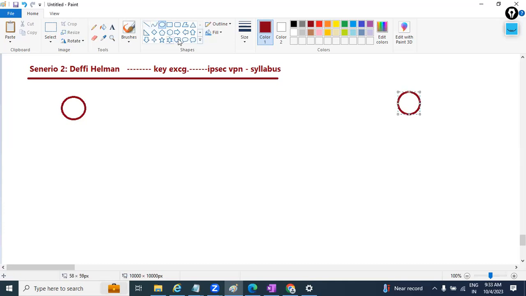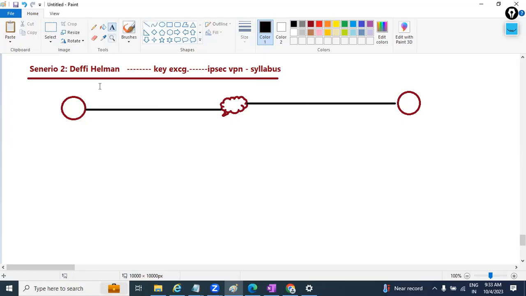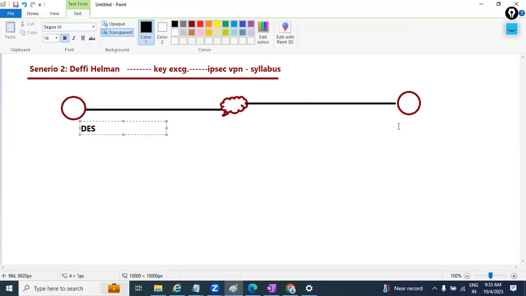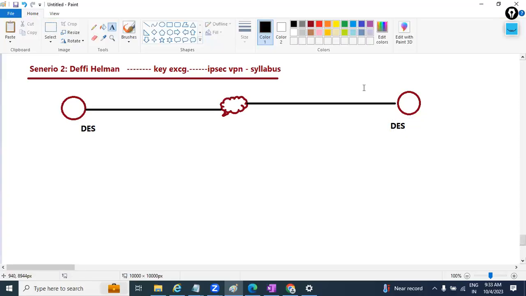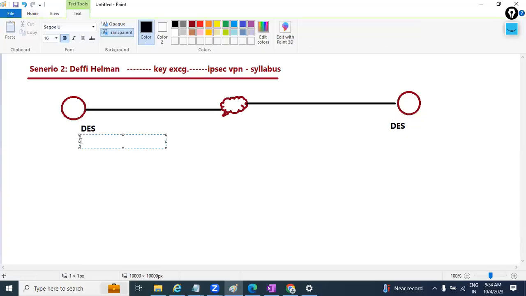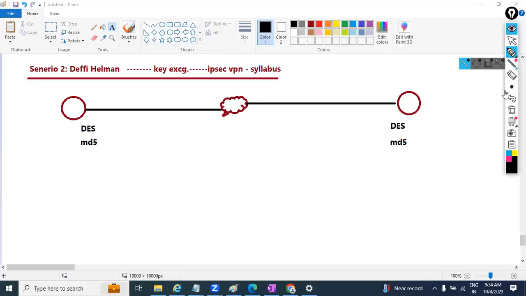Between site A and site B, we are going to exchange the data in the encrypted format. I have decided that I'm going to use dash here, and here also I'm going to use dash. In future, like hashing, we will talk about it. Let's consider I'll use MD5 here. So when we configure any VPN between two sites, be it site to site or remote, whatever.